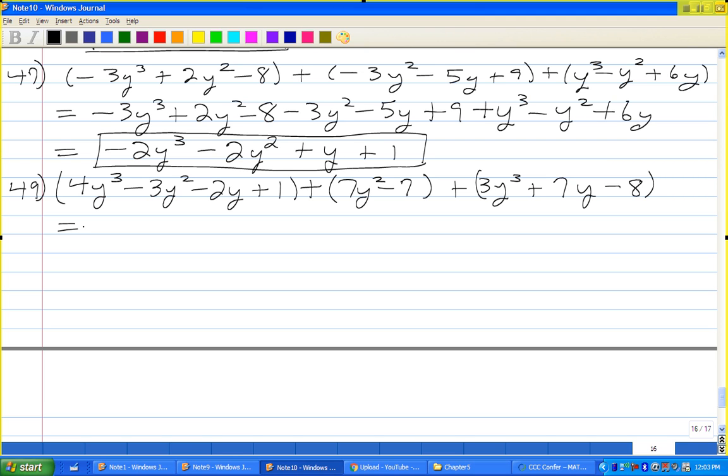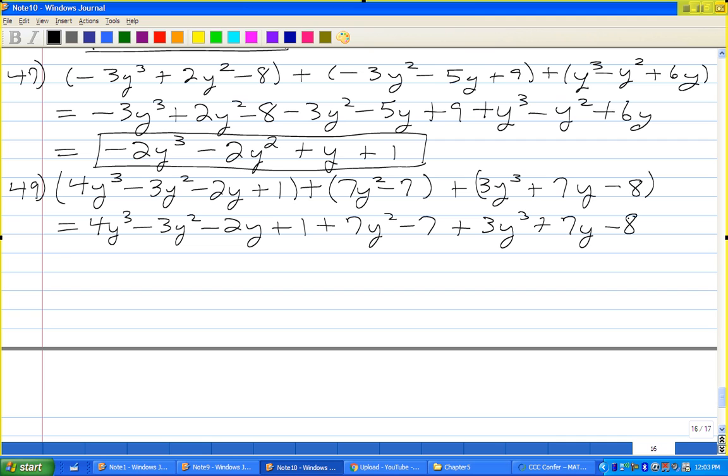Let me get rid of all the parentheses. 4y cubed minus 3y squared minus 2y plus 1 plus 7y squared minus 7 plus 3y cubed plus 7y minus 8.